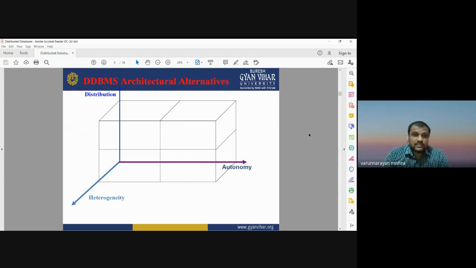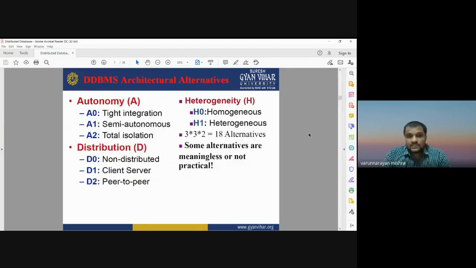Now we will see what autonomy, distribution, and heterogeneity are. Autonomy is indicated by the capital letter A, distribution by capital letter D, and heterogeneity by capital letter H. Autonomy has three types: tight integration, semi-autonomous, or total isolation. If the data has tight integration, where all the data sets are integrated with each other, we represent it by A0.